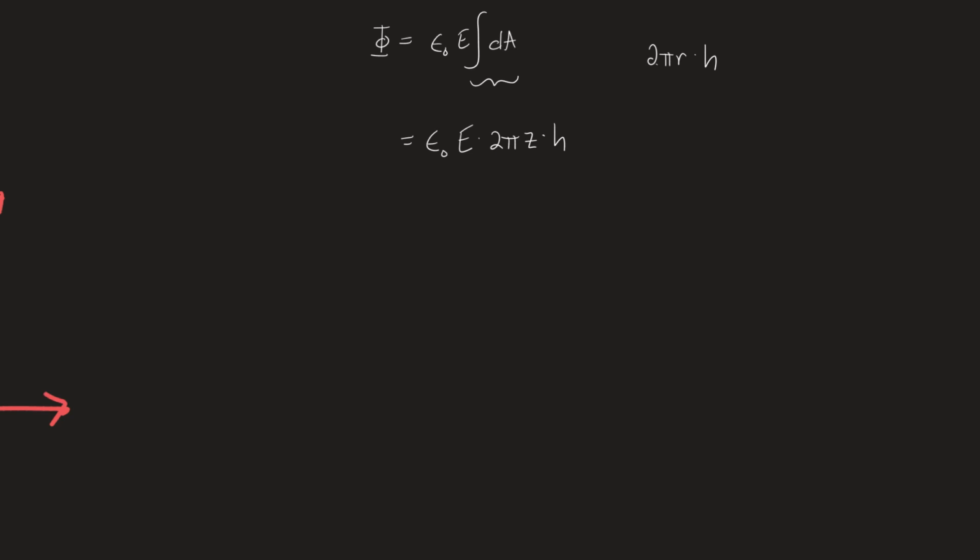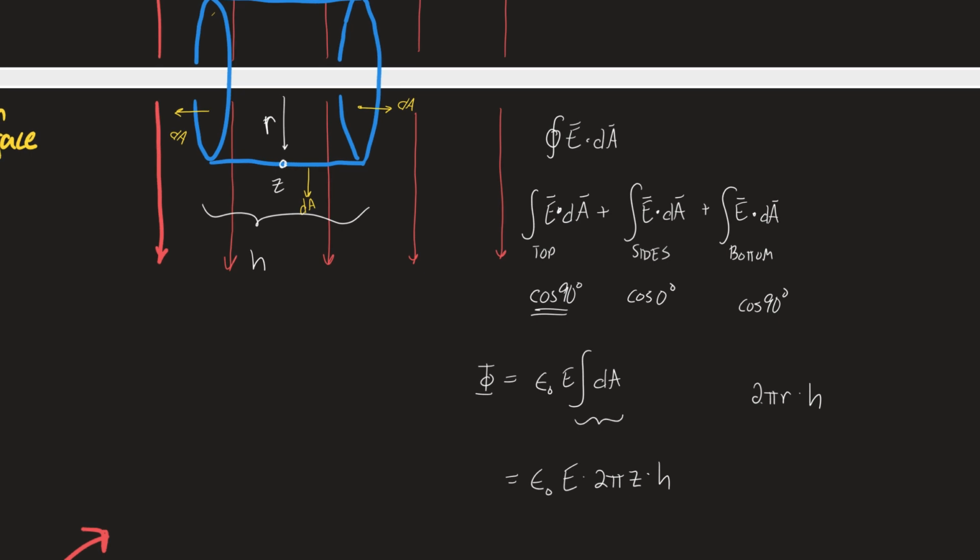How much charge is enclosed? Well, charge is enclosed from here to here. Isn't this length just h, the height of the can? That means our charge enclosed is lambda times h, right?